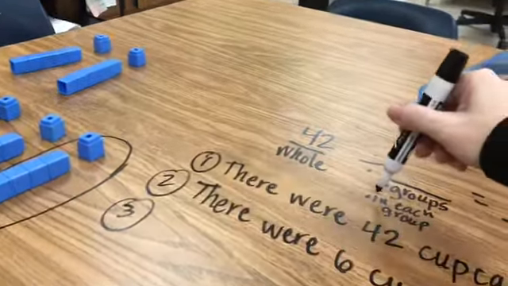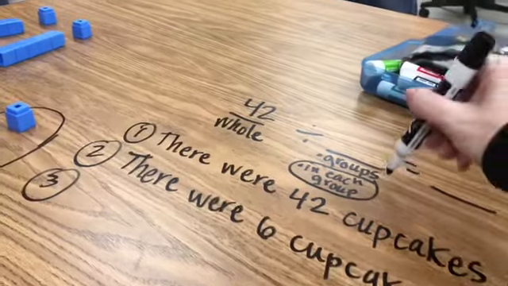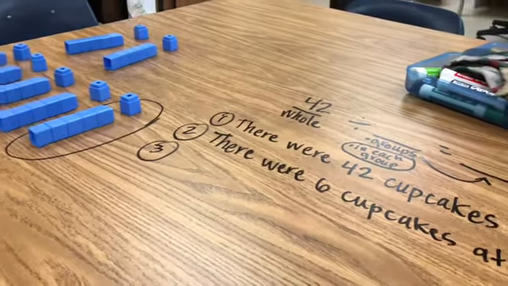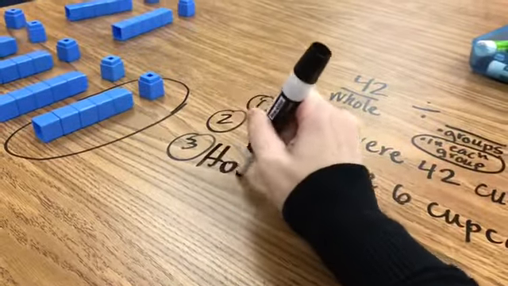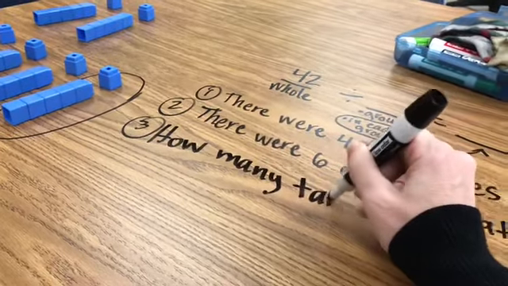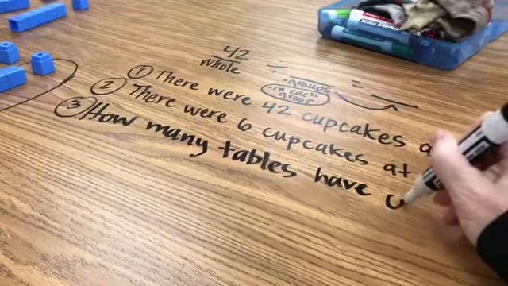If I told how many are in each group, then my question will be how many groups. So my question would be how many tables have cupcakes?